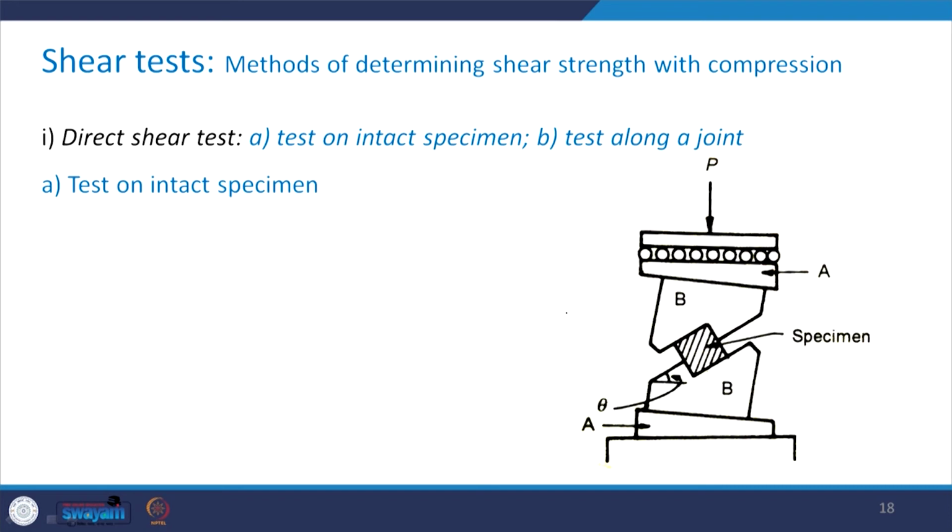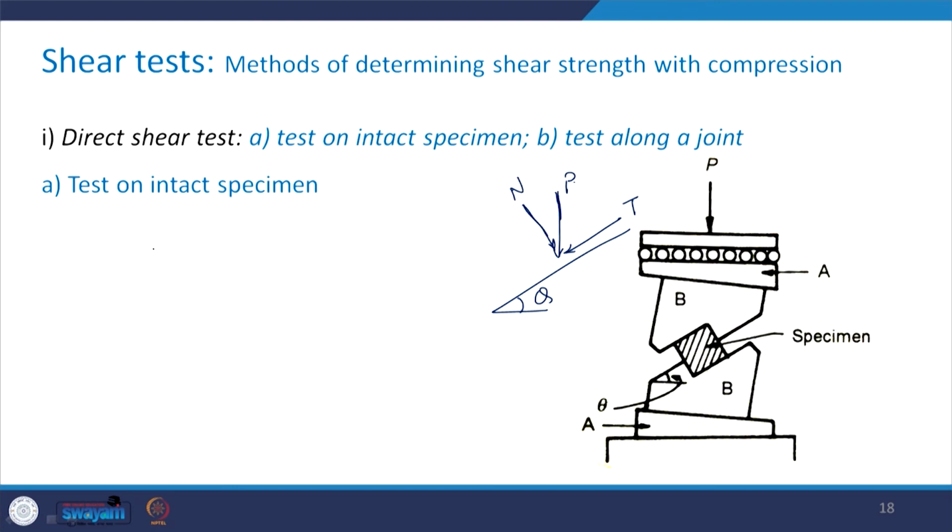So, you see that we have this plane where this angle is say theta, and on this plane this vertical load is acting, say this is P. So, I can find out the component of this load, that is the normal component and the tangential component.